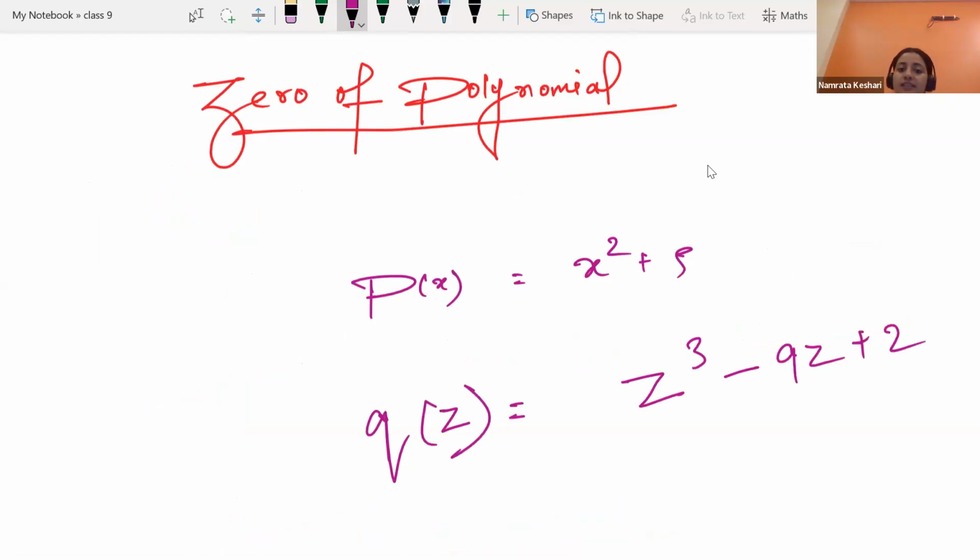So basically this z is trying to represent that there is a polynomial having variable z. Q is a polynomial having variable z. Not mandatory that always we will be representing it with p only. No, we can represent it with q also. A polynomial q is there.